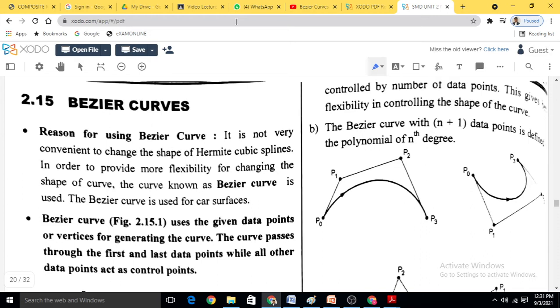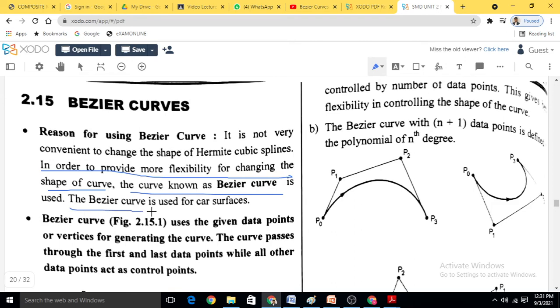So to avoid this, we use the Bezier curve in order to provide more flexibility for changing the shape of the curve. Means if we want to change the shape of the curve very flexibly, then we need to use another curve, and for this purpose the Bezier curve is used. The curve is known as a Bezier curve.